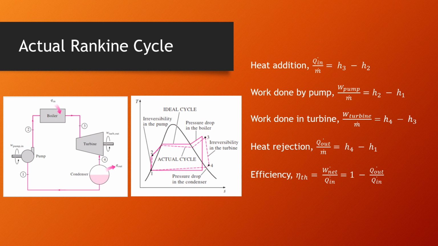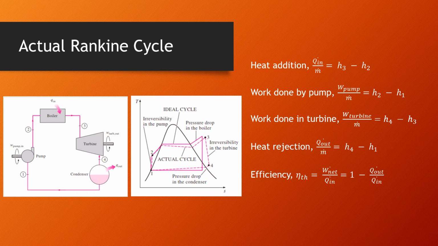Now, the heat addition to the boiler is equal to the change in enthalpy of the working fluid throughout the boiler. So the change in enthalpy of the working fluid of the boiler can be found out by the enthalpy at the exit of the boiler minus the enthalpy at the exit of the pump.